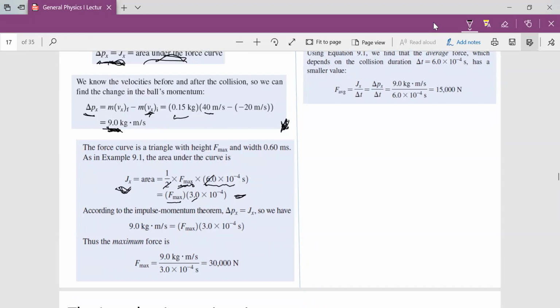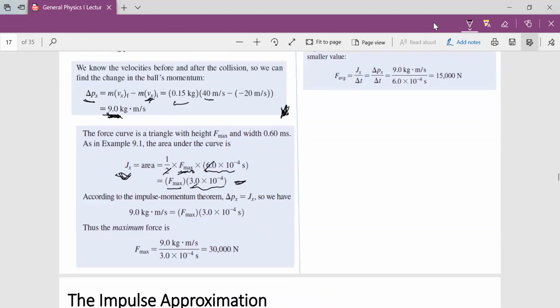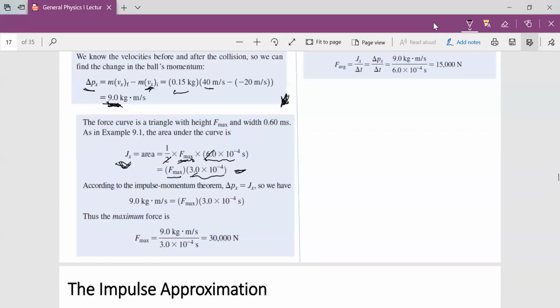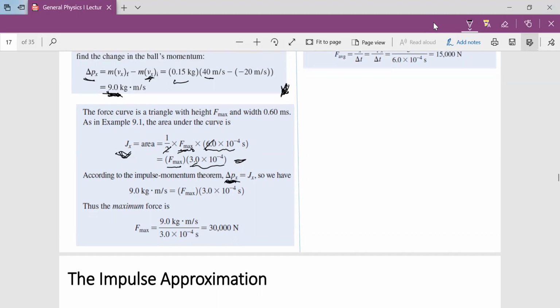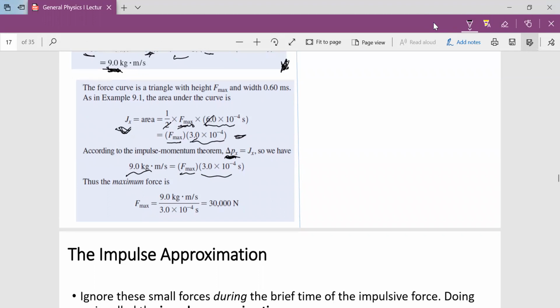So we have F max times 3.0 times 10 raised to the power minus 4, okay? We have already calculated our change in momentum. So input that into the equation: change in momentum equal to area under the curve, which is 9, equal to the product of F max and time.